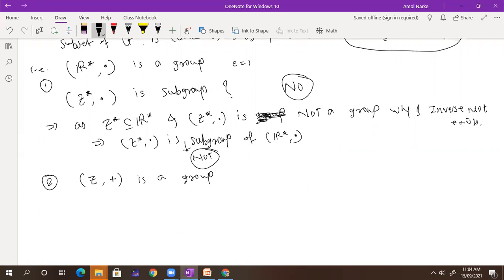Now, the set of even numbers with plus. We can define the set of even numbers as 2Z, with plus. Whether it is a group.